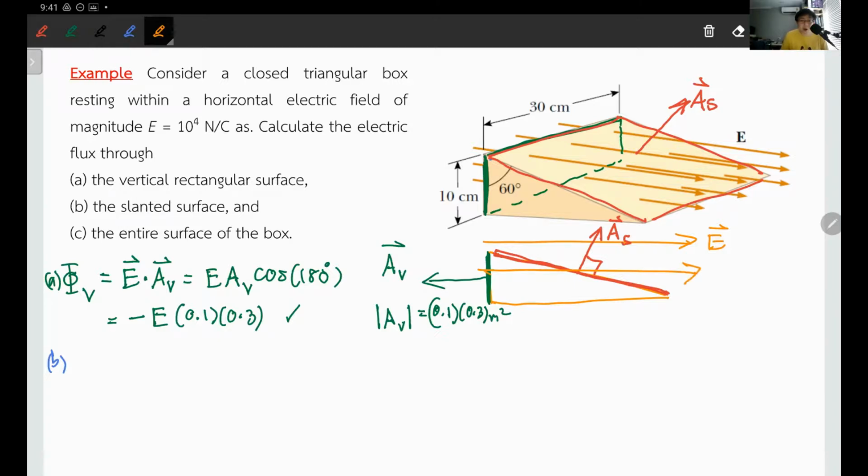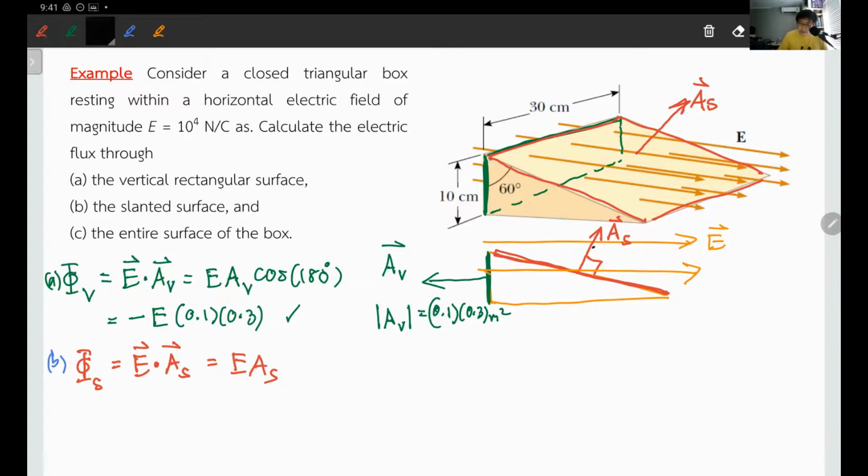Okay, so the electric flux through that slanted surface, let me use subscript S for that, is going to be vector E dot the vector A sub S. Okay, very good. And that will be equal to E A sub S. Now, you probably can tell.